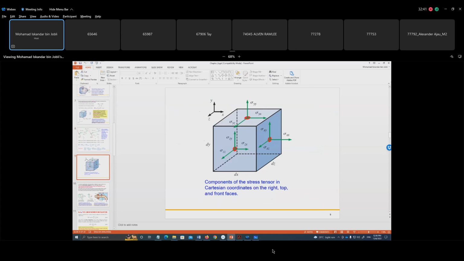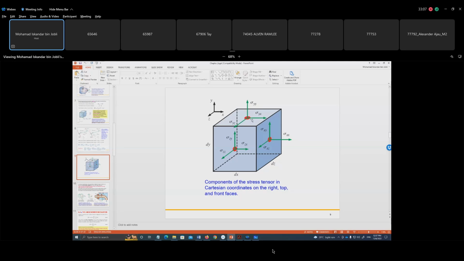The component stress, in Cartesian coordinates, on the right, top and front surface. Let's assume that this is the component. When we talk about surface, you have to consider the surface. If this is the surface that we're talking about, you need to know them in the x, in the y, in the z direction.